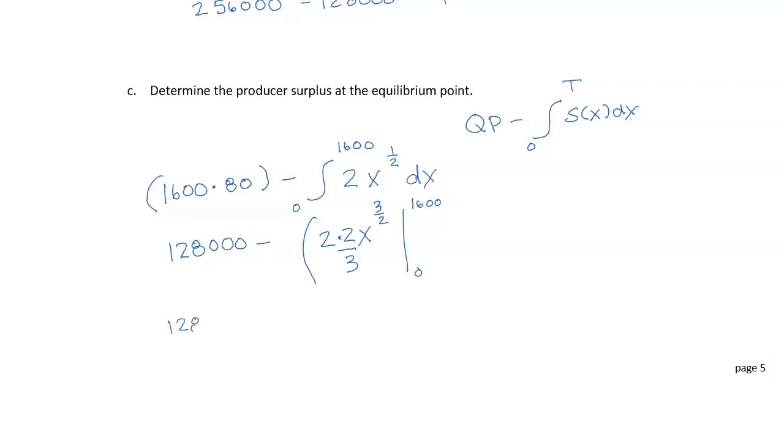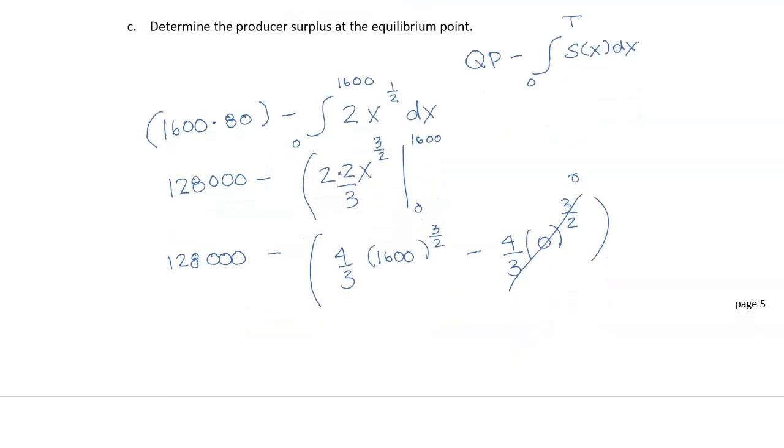So 128,000 minus 4/3 times 1,600 to the 3/2. I'm just plugging in the 1,600 for x. And then I'll do it again with 0. Well, this whole second term is just going to be 0.